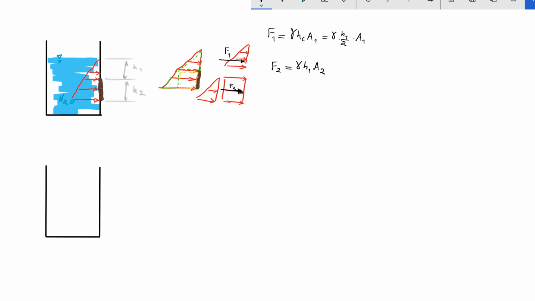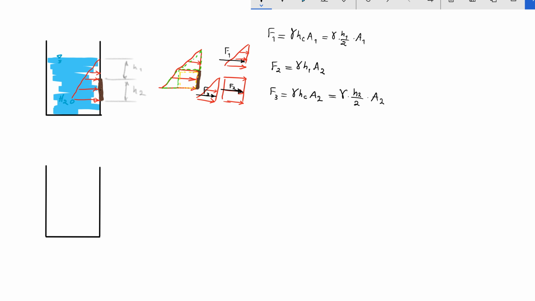Great. The last one is going to be F3 here. F3 is going to be gamma HC A2. And we know HC this time is going to be half of H2 multiplied by A2.